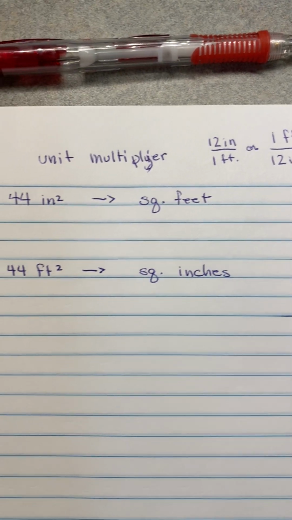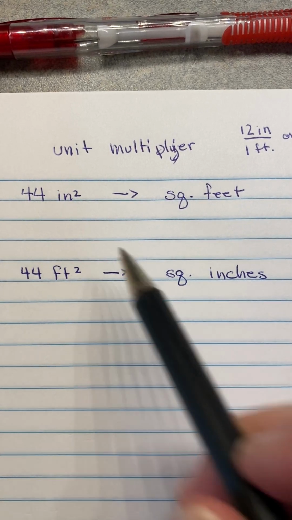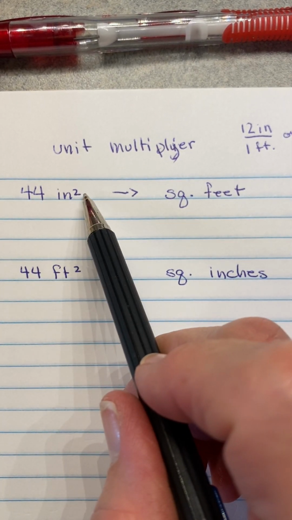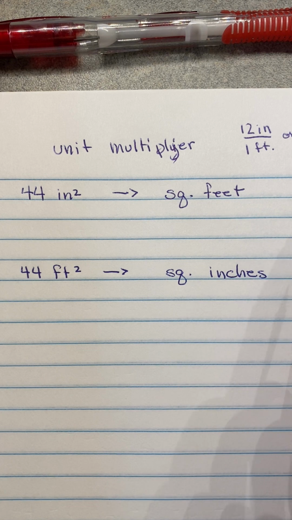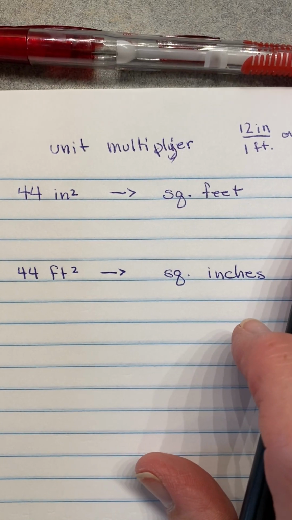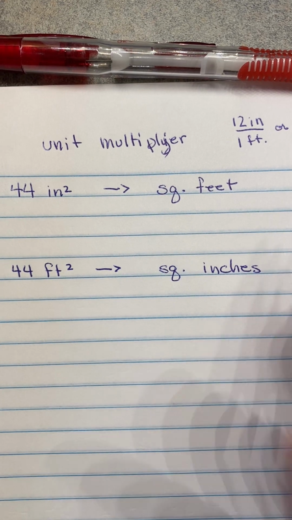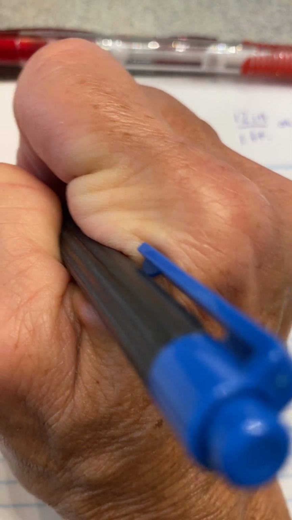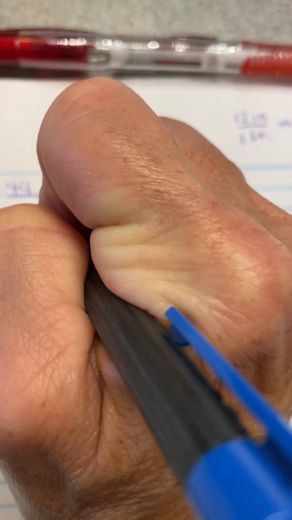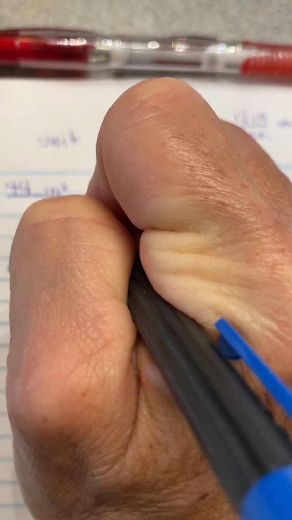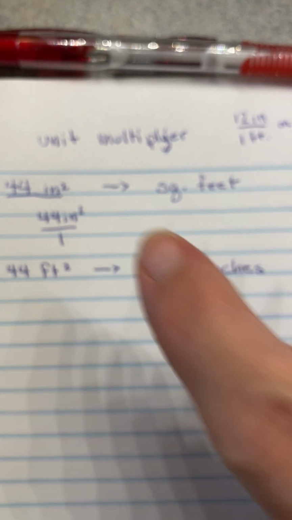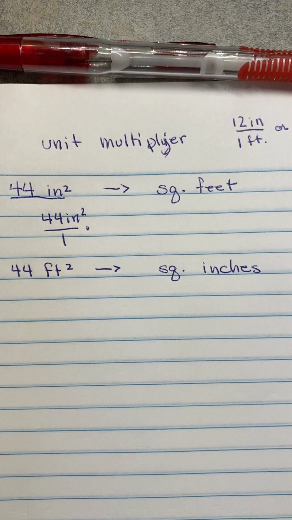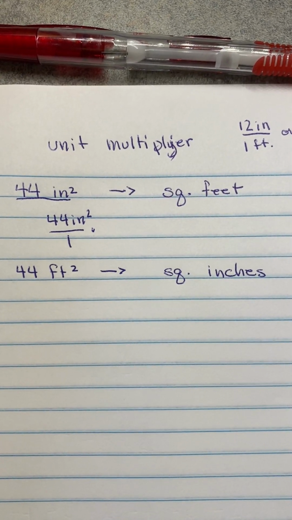Now the trick here is if we have a square inch, we're going to have to multiply by one of those unit multipliers twice. Okay, so this is how you do it. These are the steps. Step number 1, begin with what you have, and you can put it over 1. And then we are going to multiply.